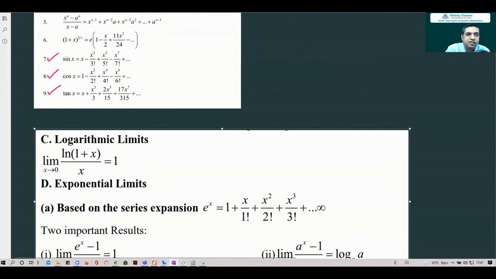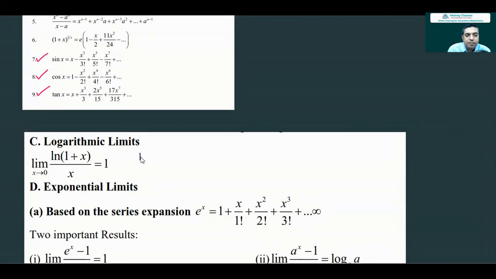I'm solving here limit x tends to 0, I will replace with the Maclaurin series.